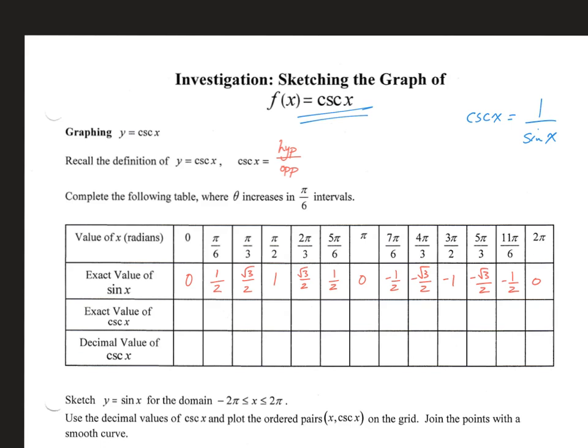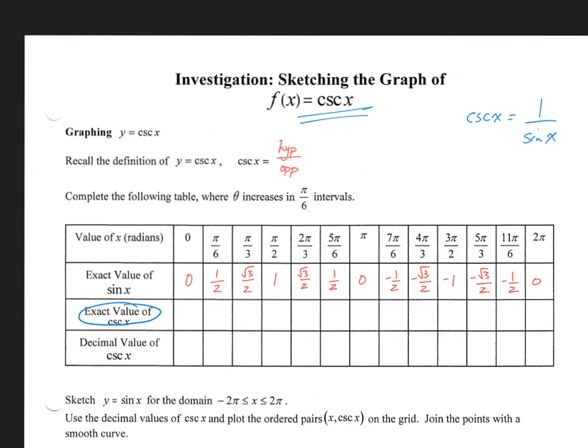Those were the exact same values that we did last time when we reintroduced our sine curve. Knowing that cosecant is the reciprocal of sine, what we're really doing is taking the reciprocal of all of those sine values to come up with the exact value of cosecant.